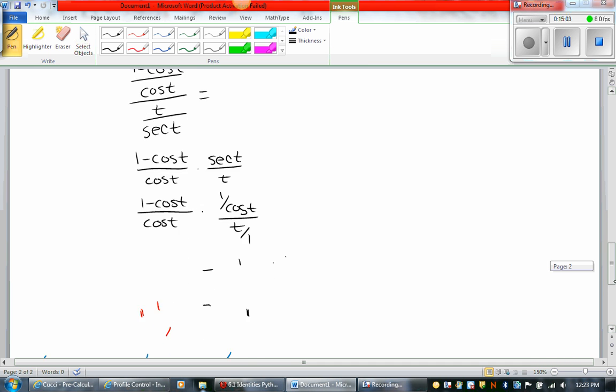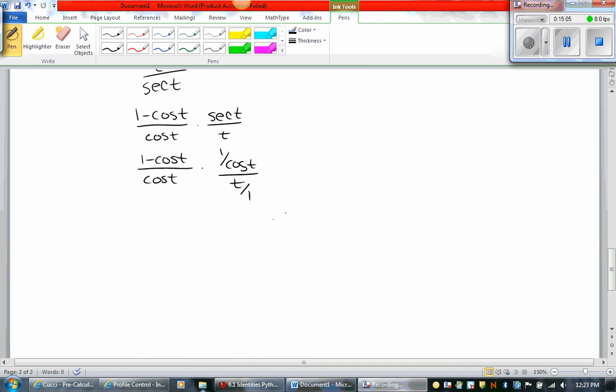We can fix that. 1 minus cosine of t over cosine of t times, we're going to keep, change, flip, right? Multiply by the reciprocal. It's 1 over t. So we get t cosine of t.